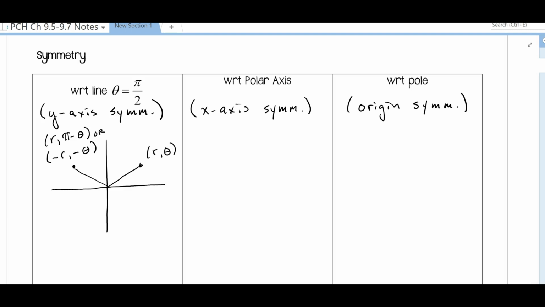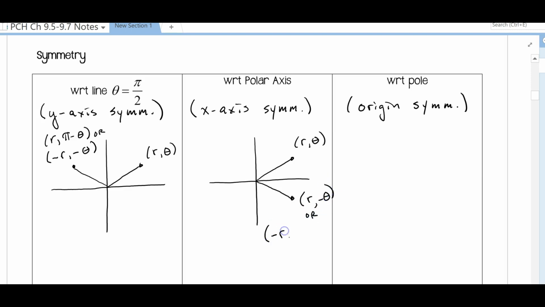Now with respect to the polar axis, again, if we have some point on our curve (r, theta), we're also going to have a point on our curve that would be (r, negative theta), or (negative r, pi minus theta).